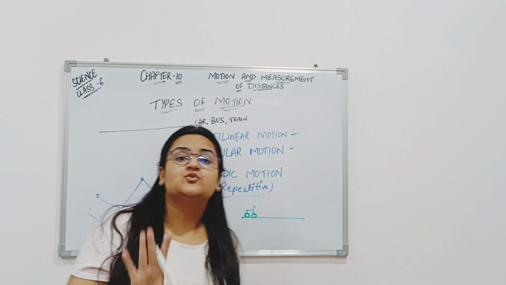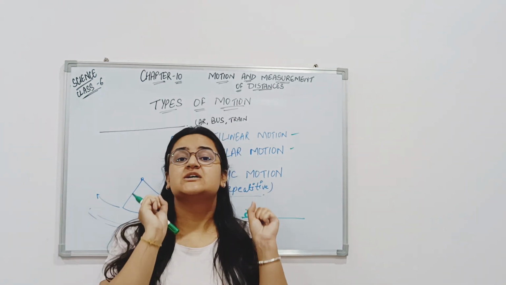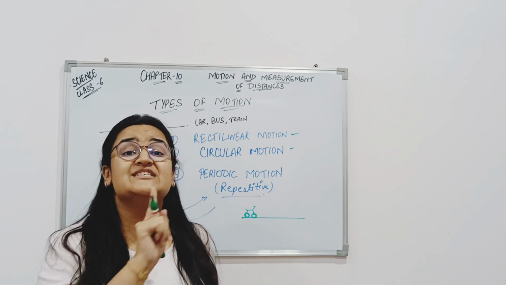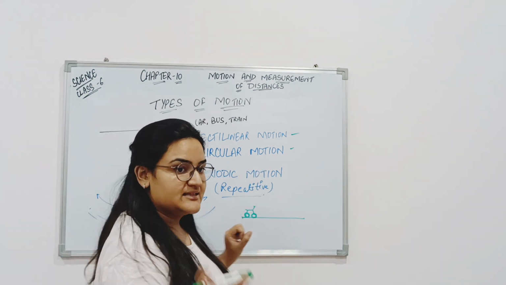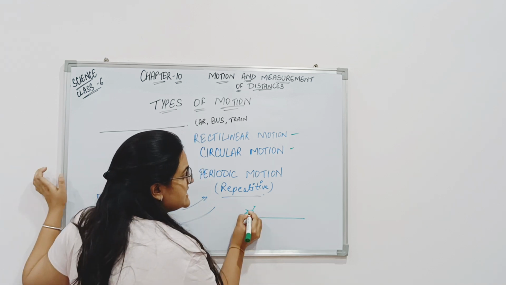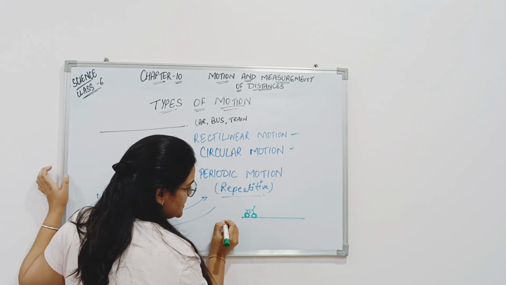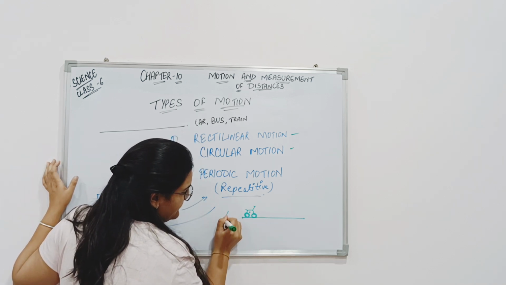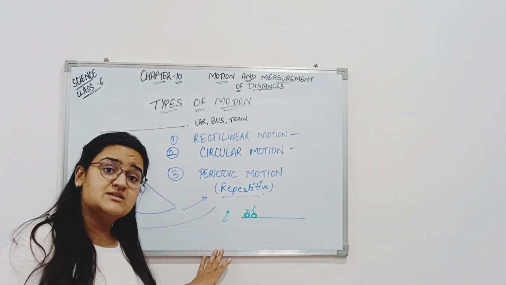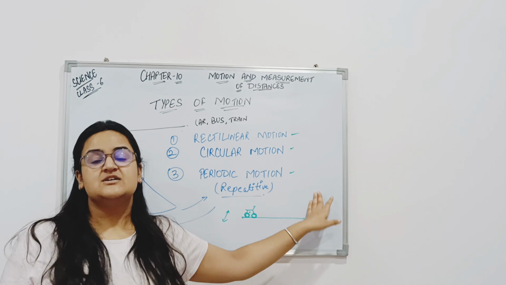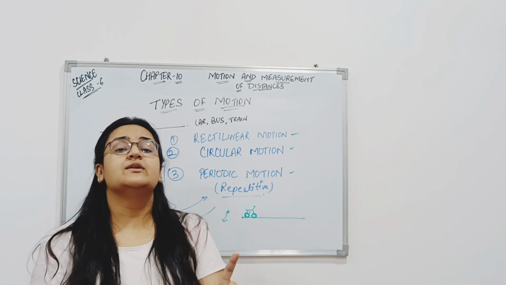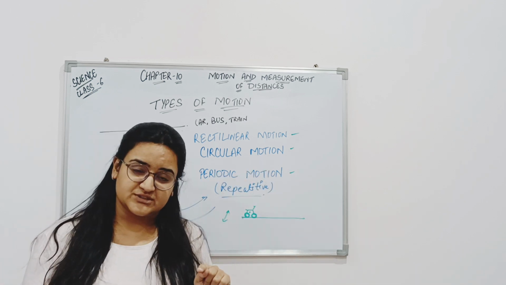Then, if you observe a bike consciously, there is one spring attached to one side of the bike near the silencer, and this portion goes up and down. So this is periodic motion, repetitive motion. So in one object you can observe all three types of motion.